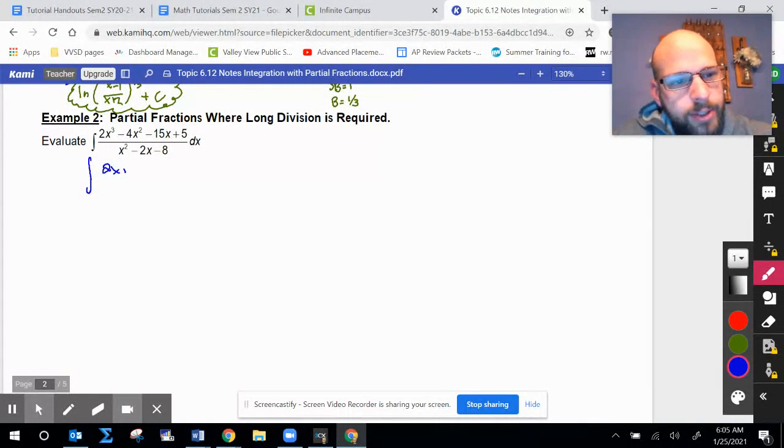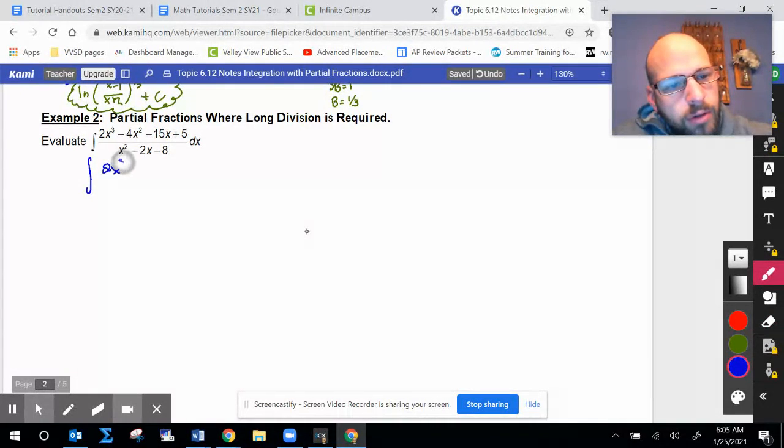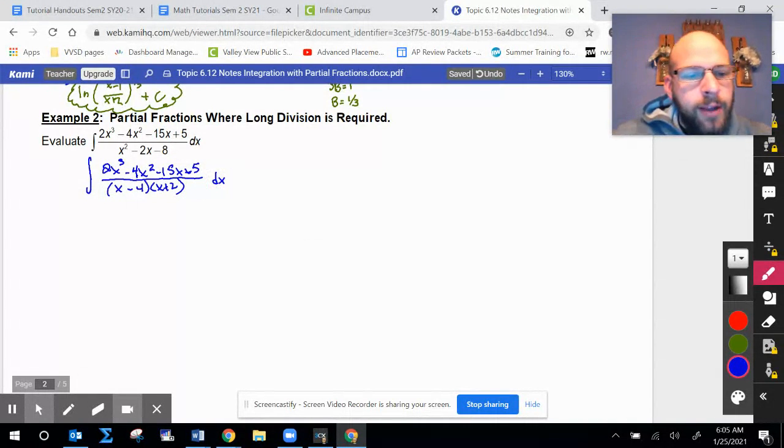I have 2x cubed minus 4x squared minus 15x plus 5, all over x squared minus 2x minus 8, and I can factor this to (x minus 4)(x plus 2), right? So I can factor this, but the problem is the numerator is just too big.